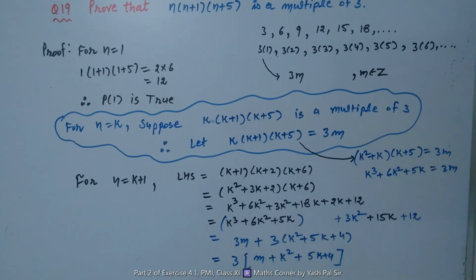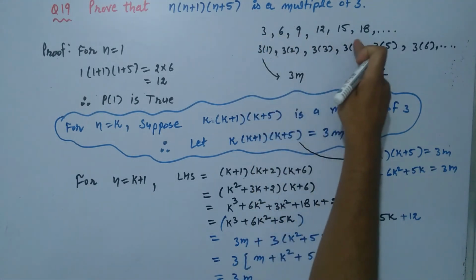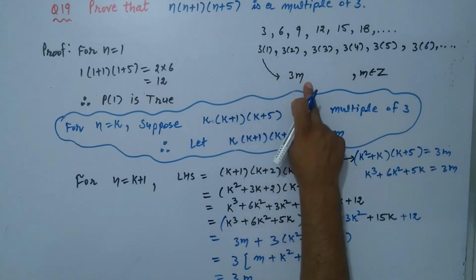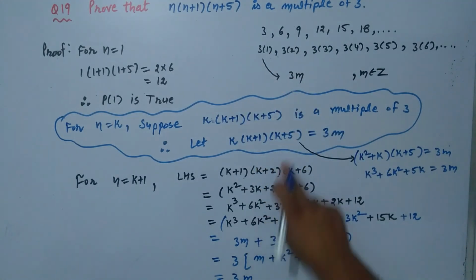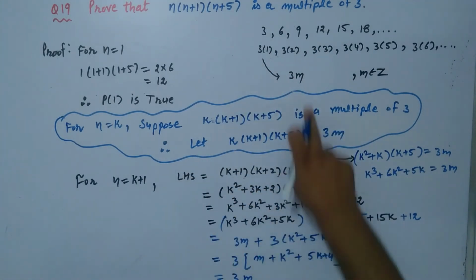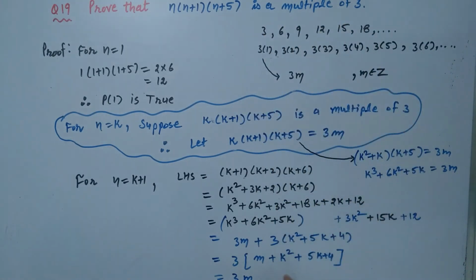So again, what the result is, 3 into, suppose this whole term is m1. So like this, what we have proved, 3 into some integer, that means the statement is a multiple of 3.